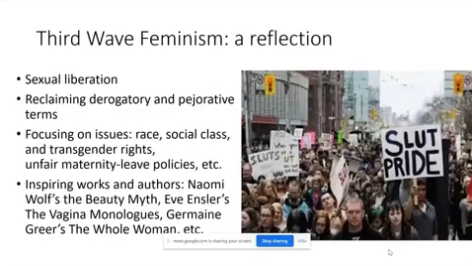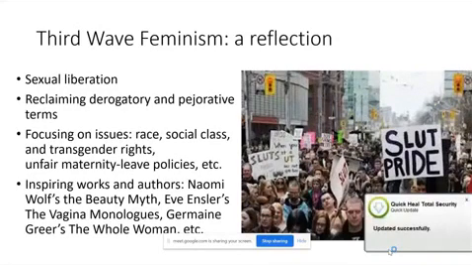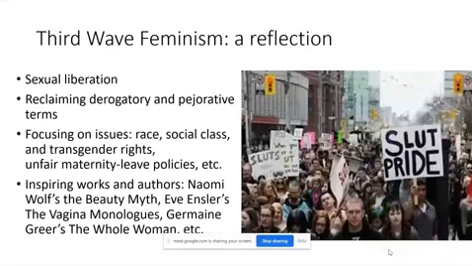Of course, I do keep saying that third wave is all about intersectionality, and some of the inspiring works and authors I have to mention: first is Naomi Wolf's The Beauty Myth, in which Wolf talks about how, as women are beginning to enjoy social power and prominence in society, they also have to face an increasing pressure to adhere to unrealistic social standards of appearance and physical beauty, which is a huge pressure to deal with.